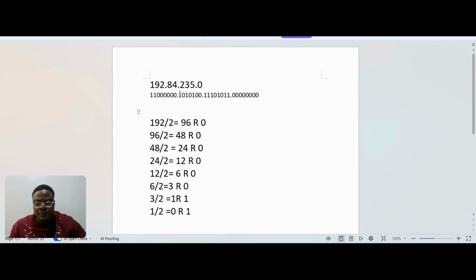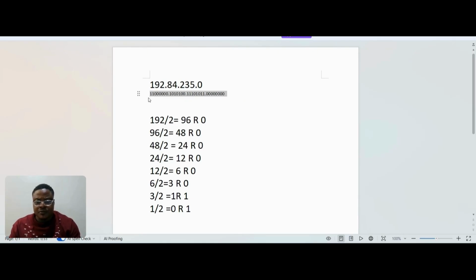So these are the binary numbers: for 192 it is 11000000, for 84 it is 01010100, and for 235 it is 11101011, each in 8 bits.